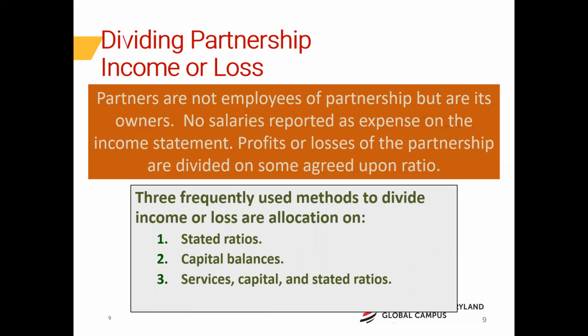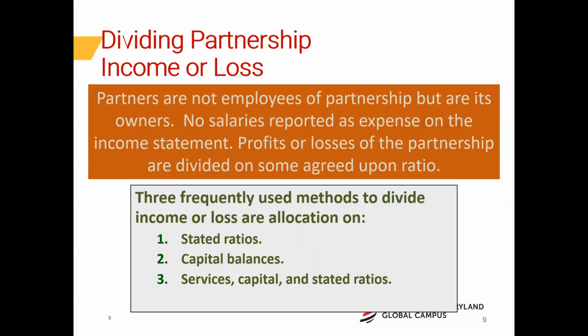So what we do in accounting, at the end of the accounting cycle, when we're closing out our temporary accounts and we're reconciling our books and we're making our closing entries, in that process, we are also accounting for the income or loss and attributing a percentage of that to the respective partners.